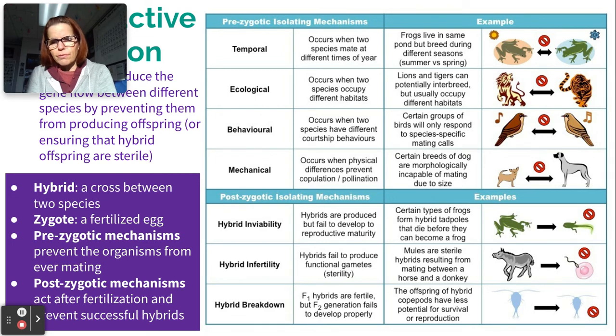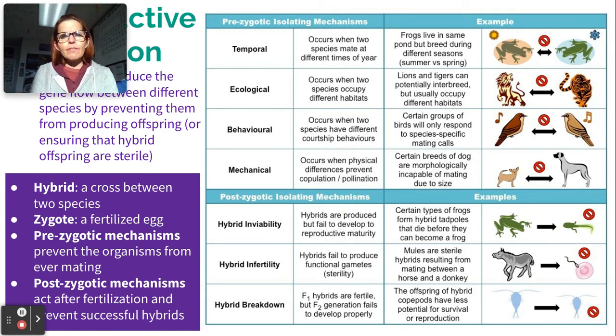So the classic example of that is the mule, which is a crossbreed between horses and donkeys. They develop perfectly, but they're sterile. They can't have offspring of their own. And then hybrid breakdown. The F1 hybrids are fertile, but eventually they're not fertile anymore. Their offspring are not fertile, and so eventually that species can never be a species of its own.